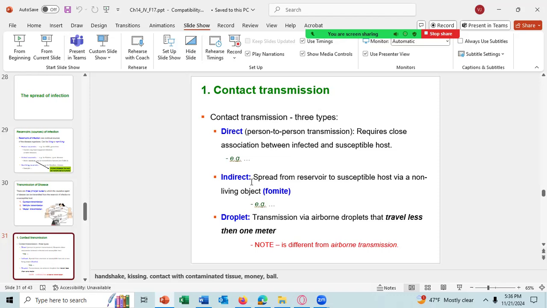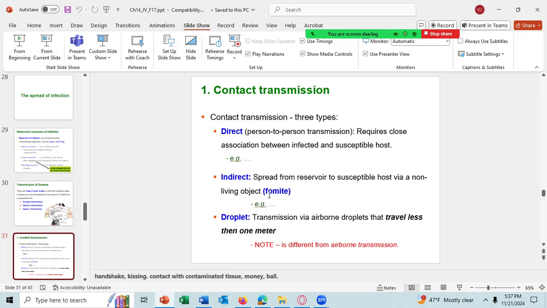There's also indirect contact transmission, spread from a reservoir to a susceptible host via a non-living object. We have a special term for a non-living object, and it's called a fomite, something that can spread the disease from a healthy individual to an infected individual. And you can also have a fomite spreading disease from, I guess, an animal to a healthy individual.